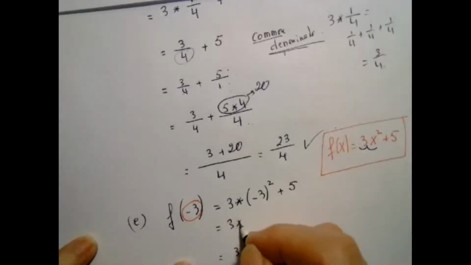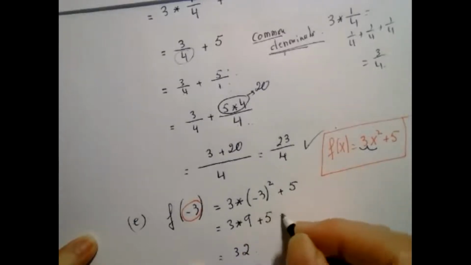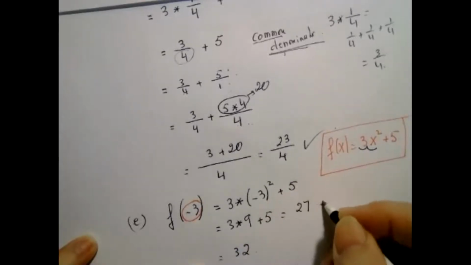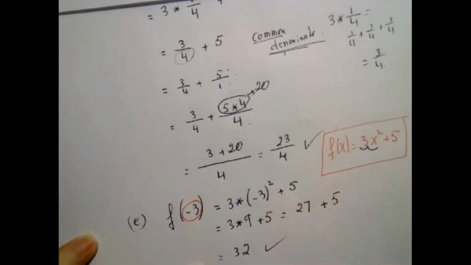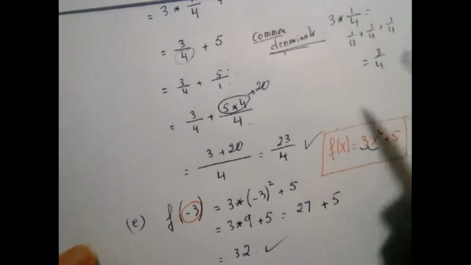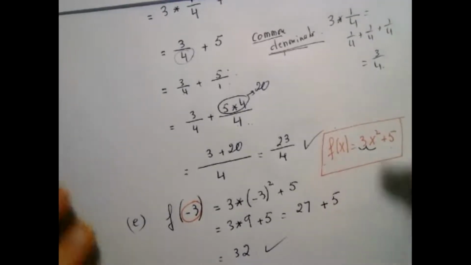Minus 3 times minus 3 is 9, times 3 is 27, plus 5, which is exactly 32. So that's really how we find the output when the function is given by a formula.